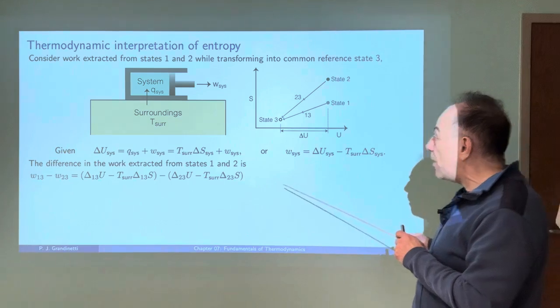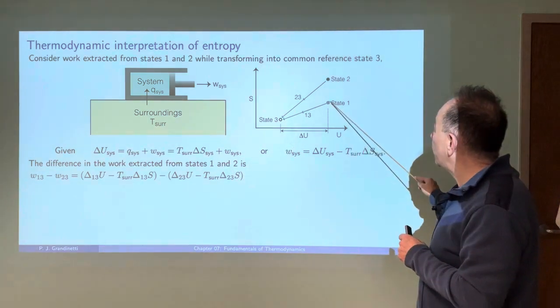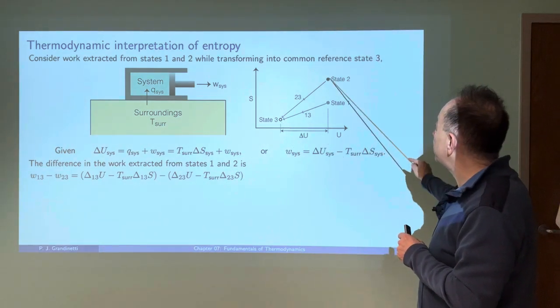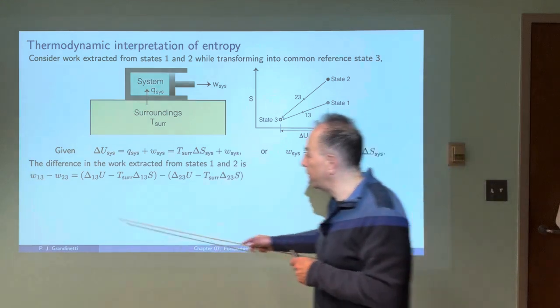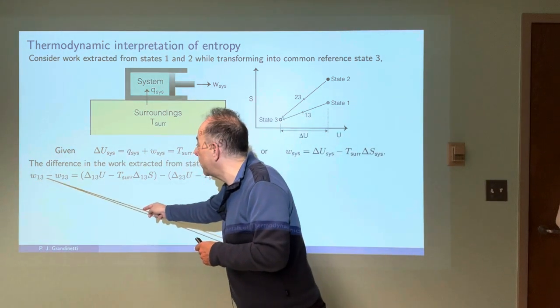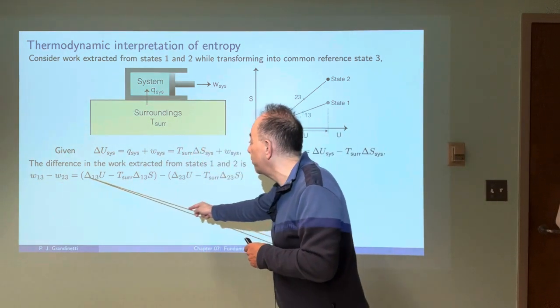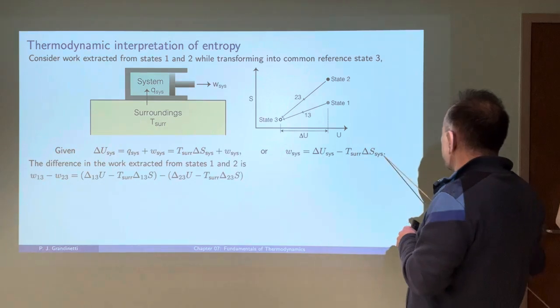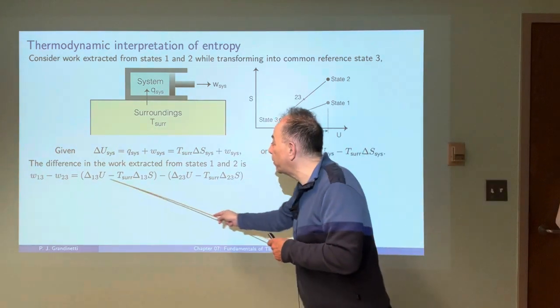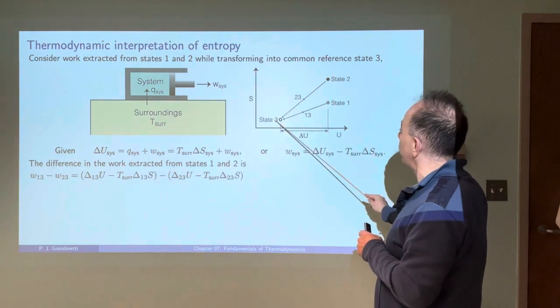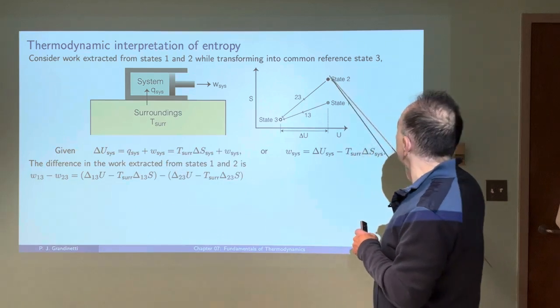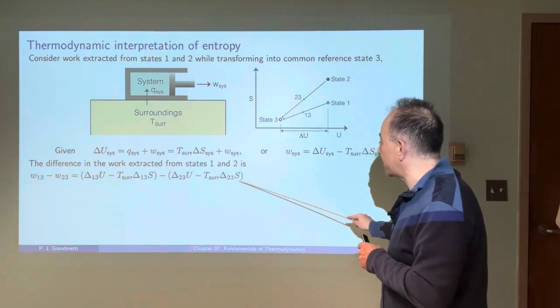All right. Now, the difference in the work from going from state 1 to 3 compared to state 2 to 3 is W13 minus W23. I'm going to use this equation for the 1 to 3 process, and subtract from it the 2 to 3 process, which gives this expression here.